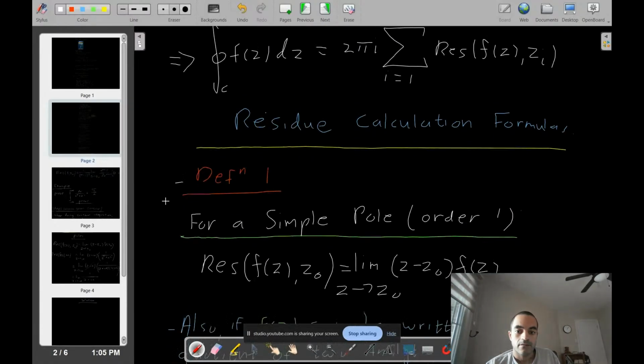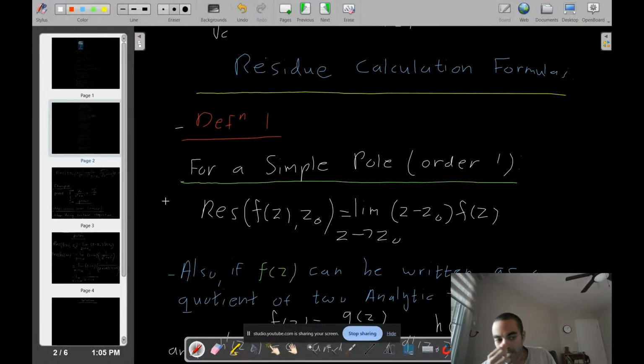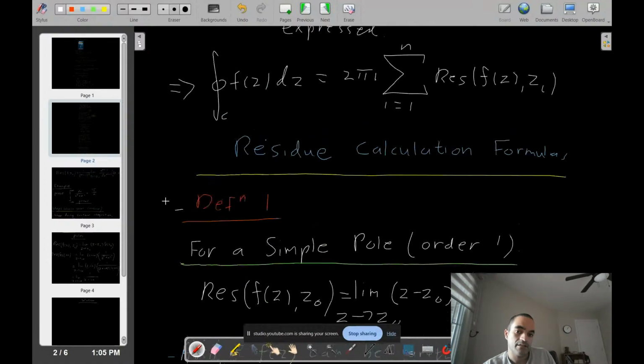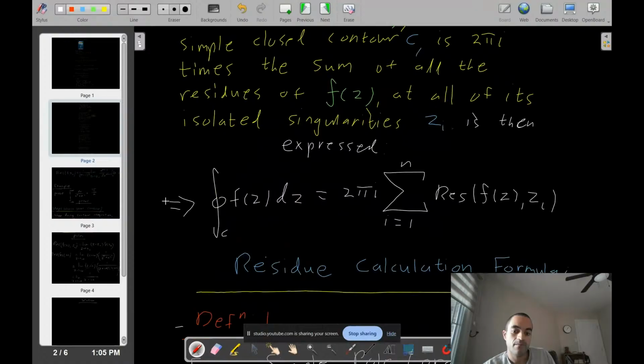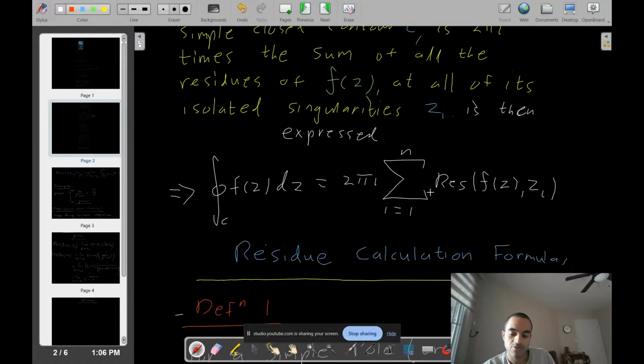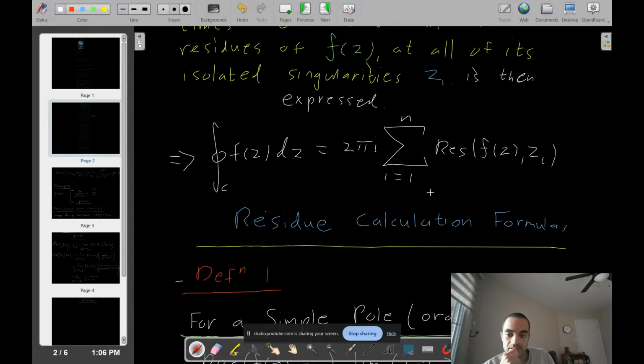All right, so we're going to look at residue calculation formulas. Now, there are specific formulas that we need to use. I'm talking about residue calculation formulas because the residue theorem above requires us to take the summation of the residues. So you need to know what a residue calculation is in the first place before you use the residue theorem. This is the residue calculation formula.